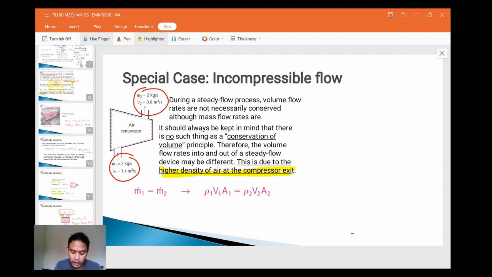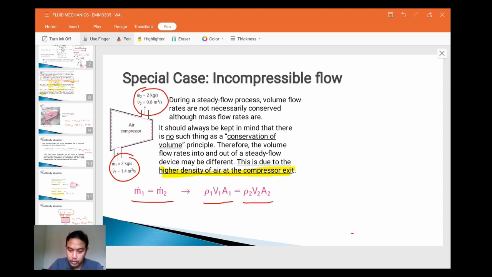As we know the formula, m dot in is equal to m dot out. So automatically we know that m dot in is rho 1 v1 a1, and it should be equal to rho 2 v2 a2.